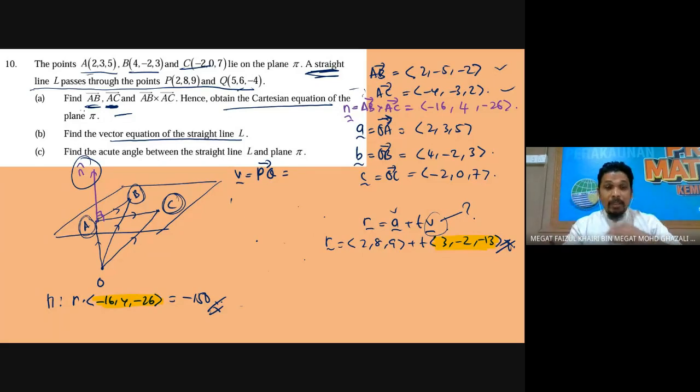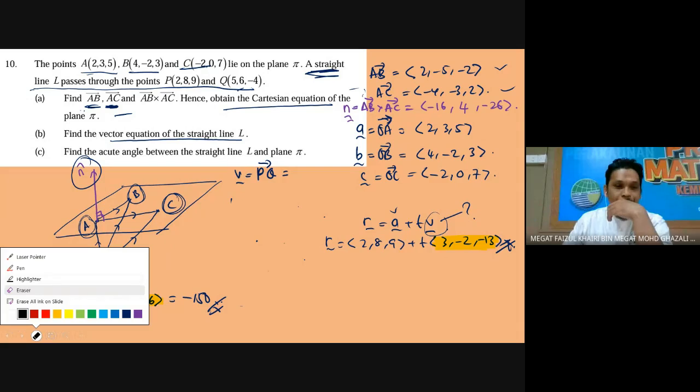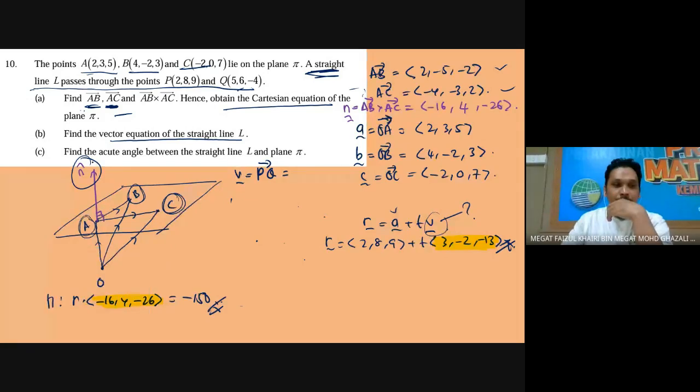Okay, acute angle between the straight line L and the plane pi. So we refer to the normal and we refer to the V. Let's say just imagine that the line is passing through the plane here.